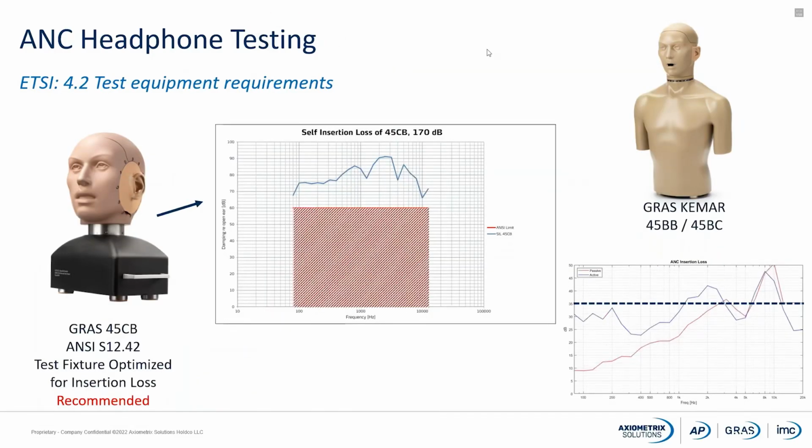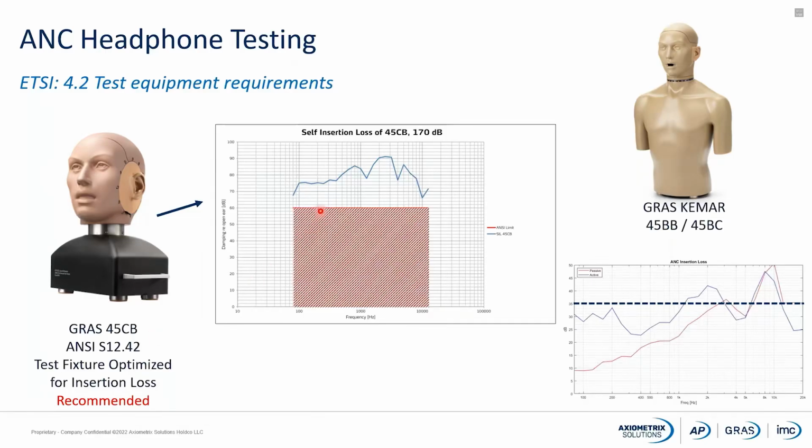So here we have a comparison with another test fixture, in this case, the 45CV. The 45CV is not made according to ITU P58 like the KEMAR. It's made according to the ANSI 12.42, which is made for tests of hearing protectors under explosive conditions, impulsive noise, for example.